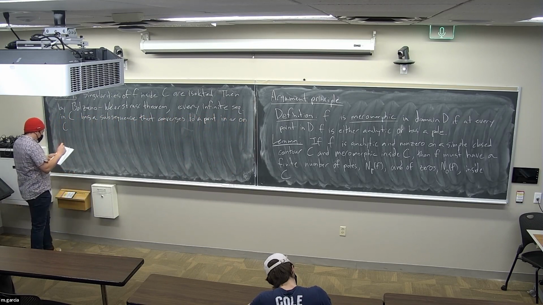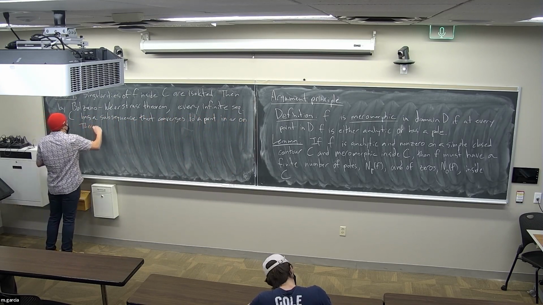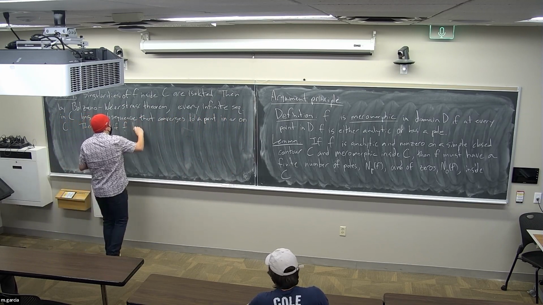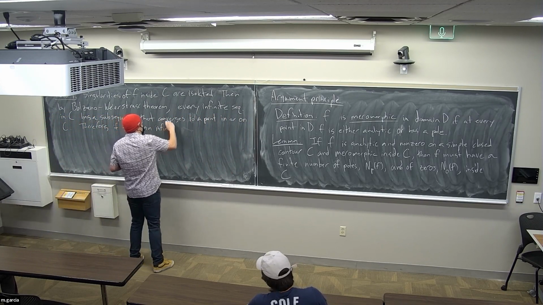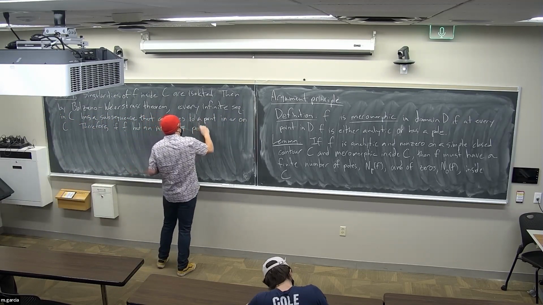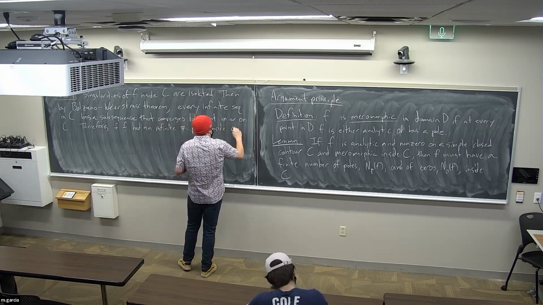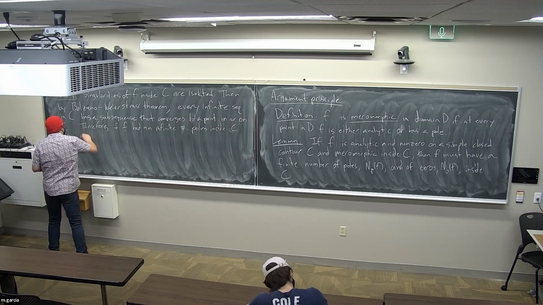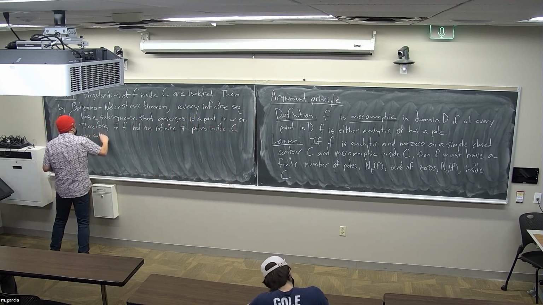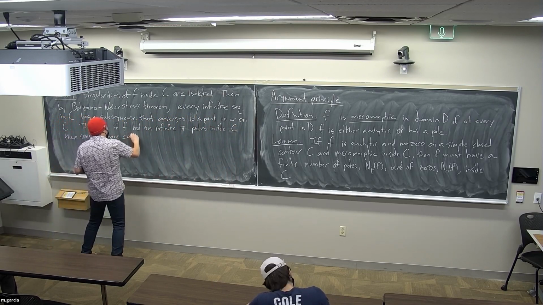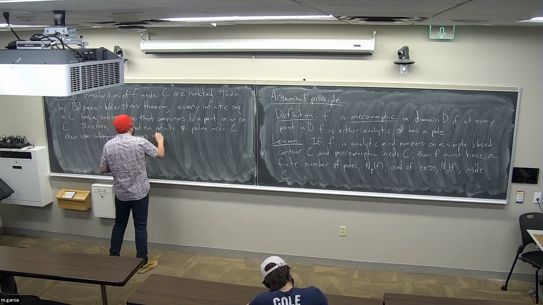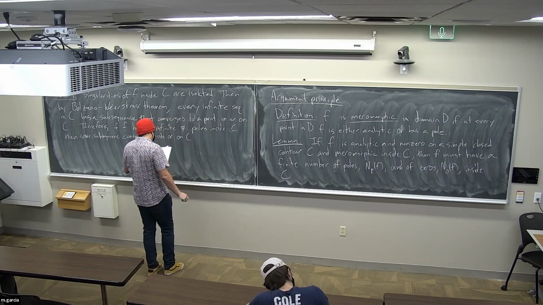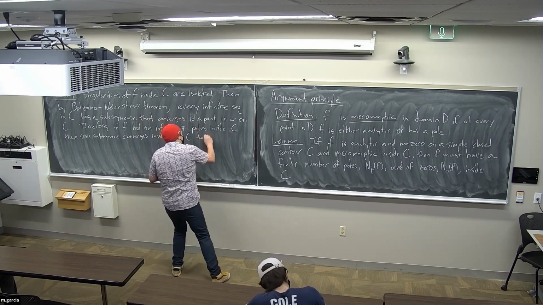Okay, so therefore, what can we say? If F had an infinite number of poles inside C, then some subsequence converges inside or on C to a singularity.